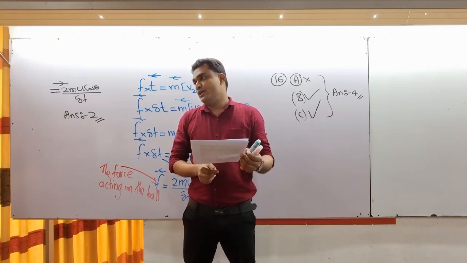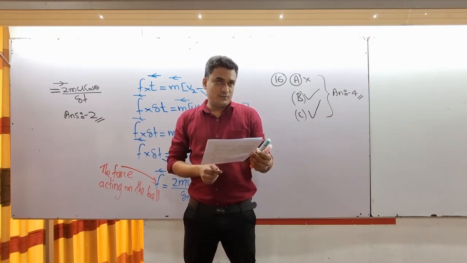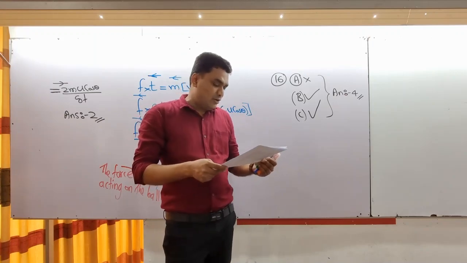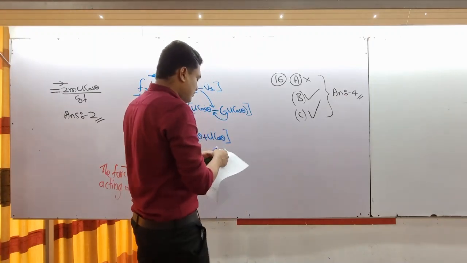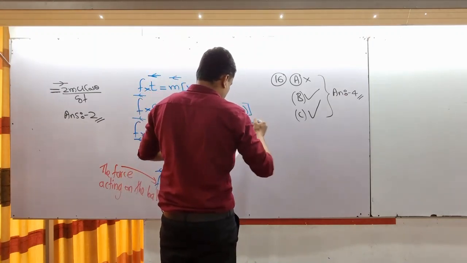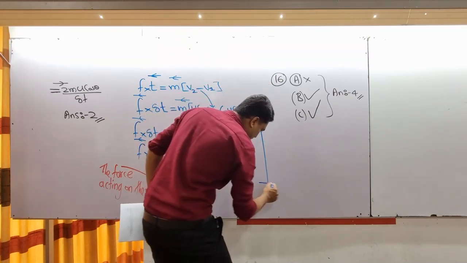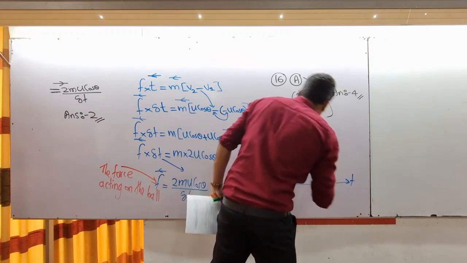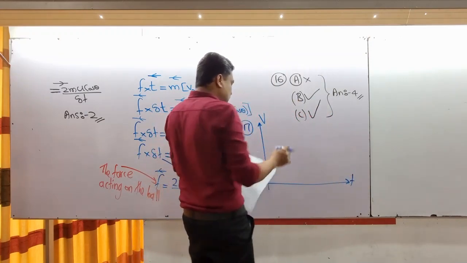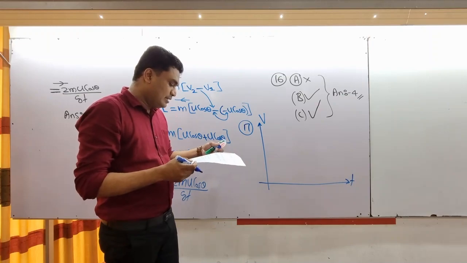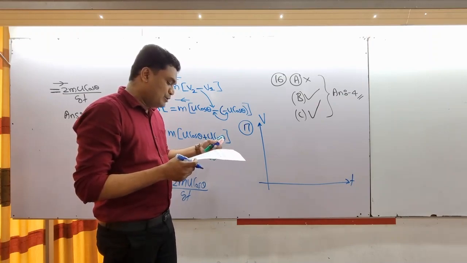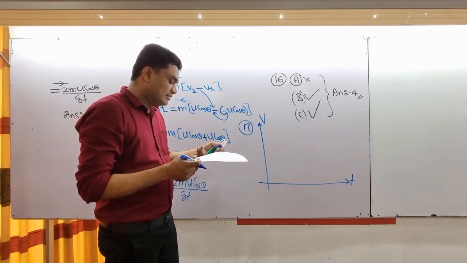Then the ratio S1 over S2. They have given us a velocity time graph.